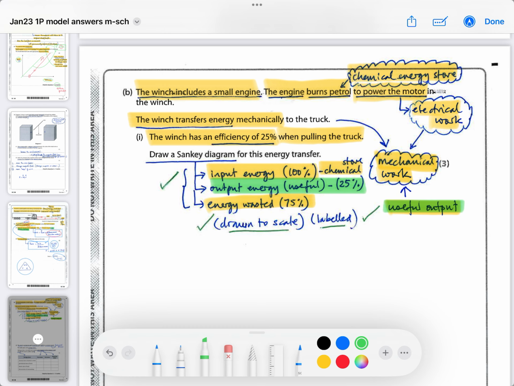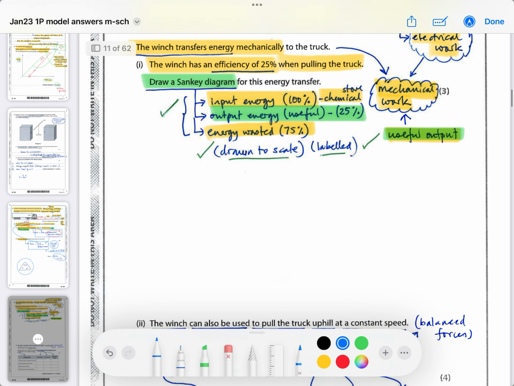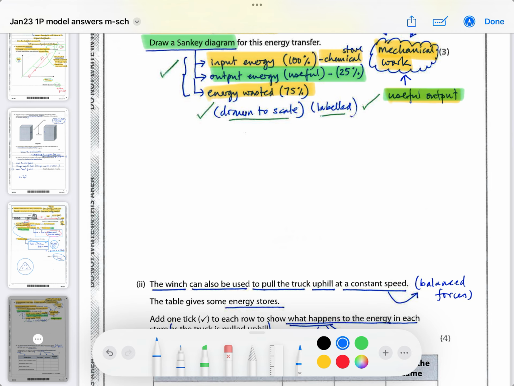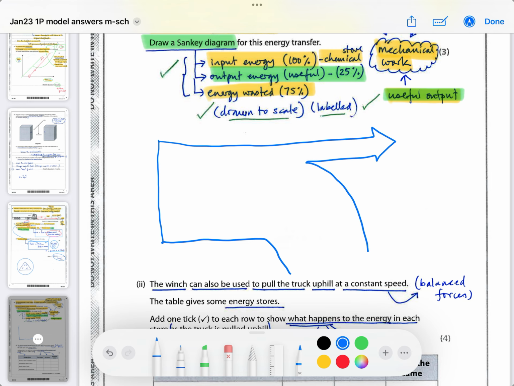25%. You have to draw that to scale, in a diagram called the Sankey diagram. So the Sankey diagram is basically efficiency drawn as arrows. Okay, so how do you do it? They left you space. So originally, if this was your 100% width of your efficiency, most of it was inefficient. 25% was efficient. 75% was inefficient.